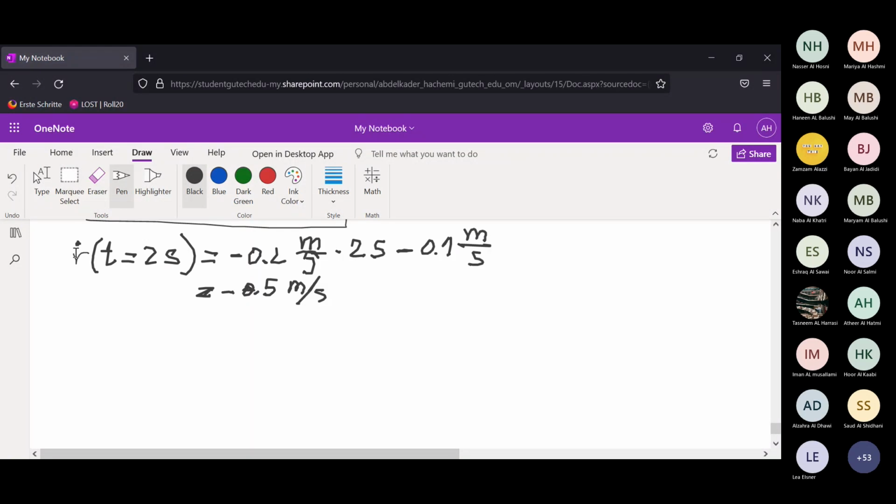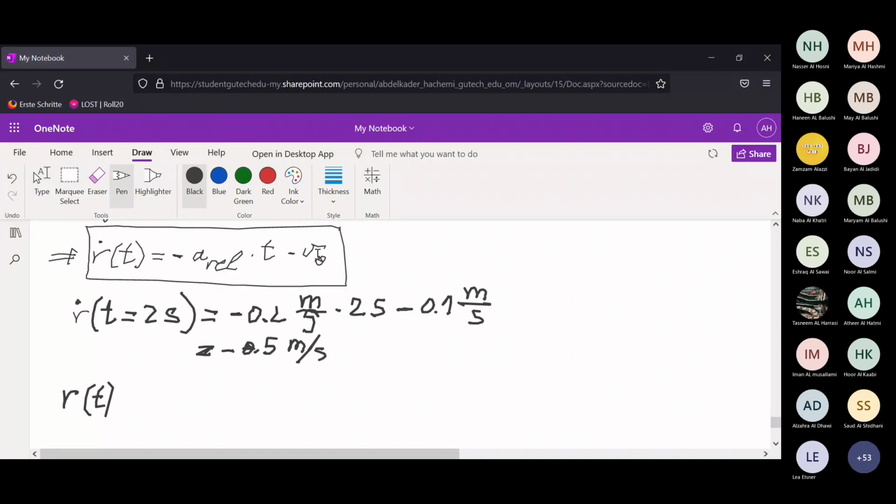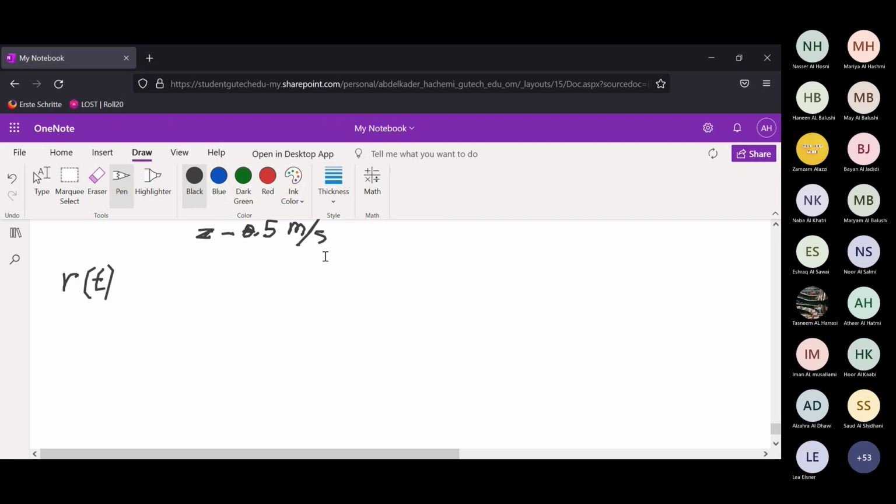And if we look now to the position, we have R of t, the same principle. We have to integrate this equation here. I tried different thickness of the line so that I can get maybe a better overview or better writing.